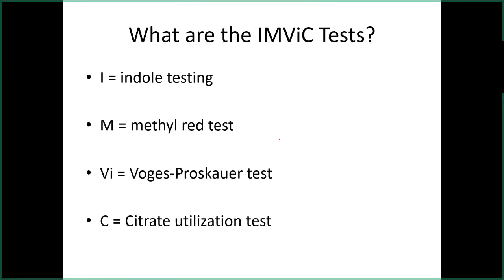So we have these IMViC tests, and you can see that's an acronym, obviously. Each of those letters stands for a different thing. The I stands for indole testing. We'll talk about what indole is in a moment. Some organisms can produce indole and others can't. I'll just tell you right now, indole is used as a communication substance.